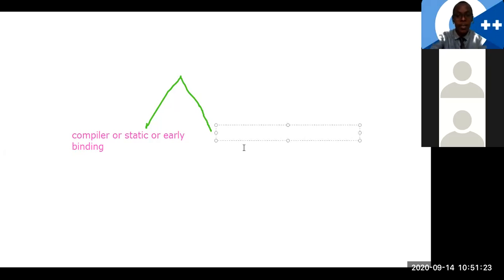So this is dynamic or runtime polymorphism.